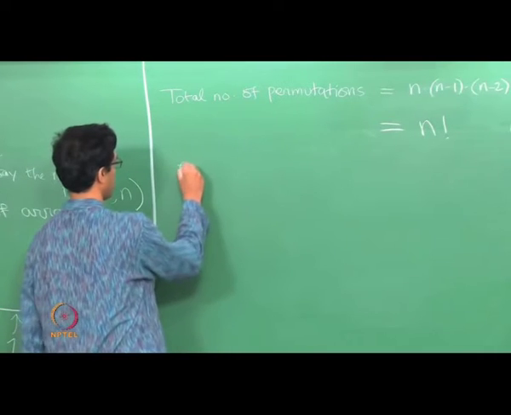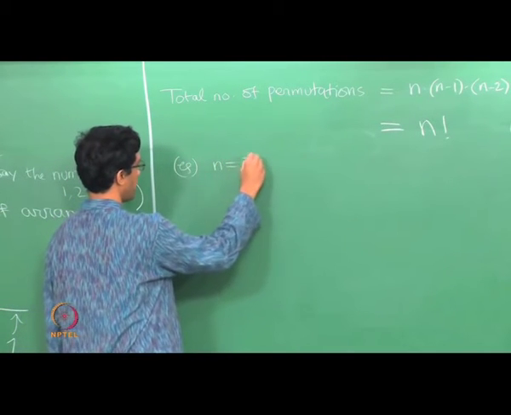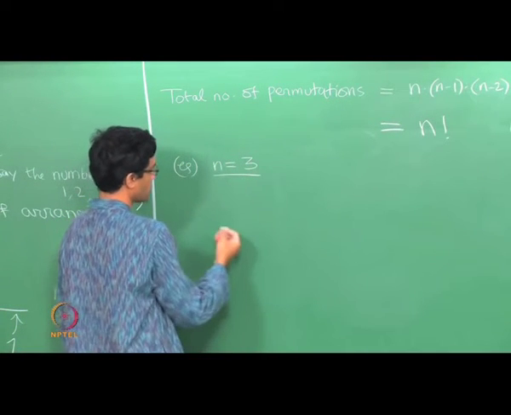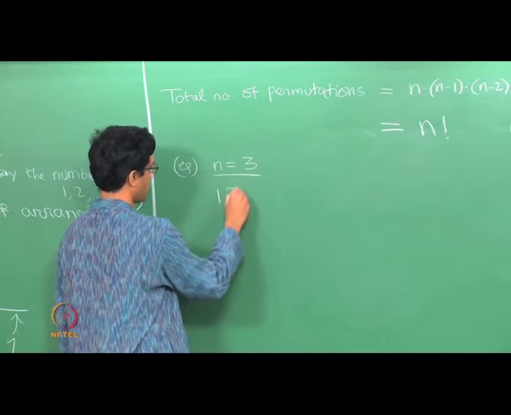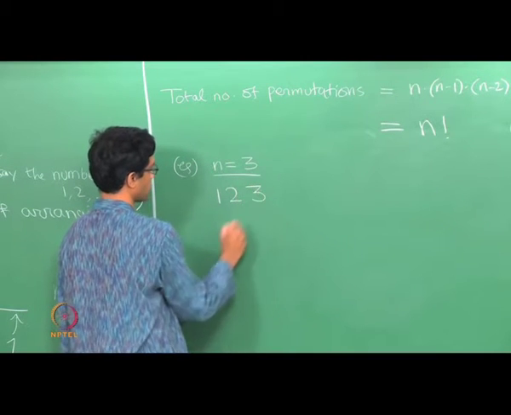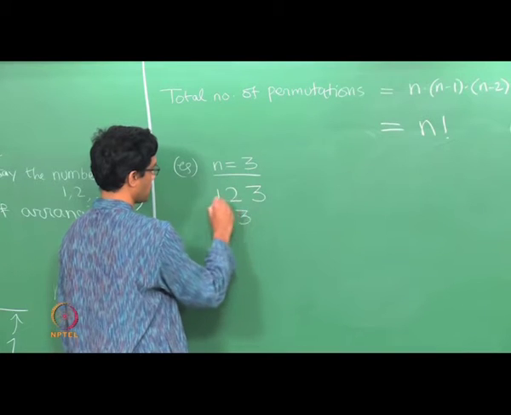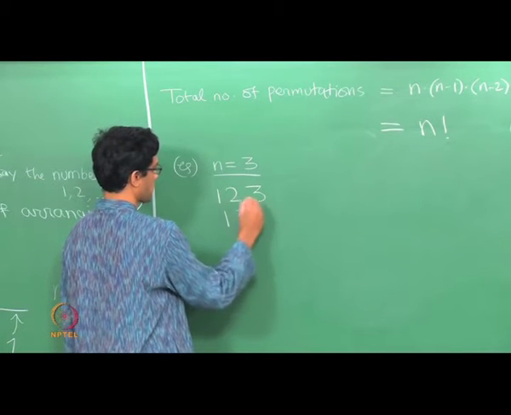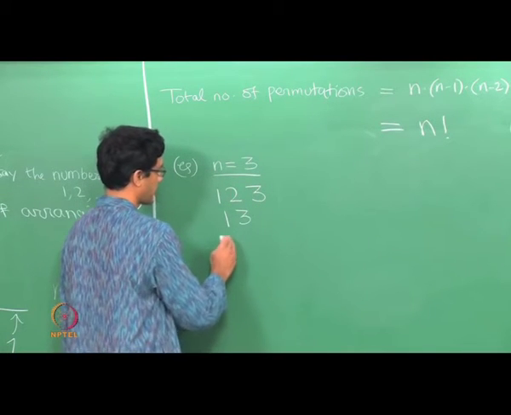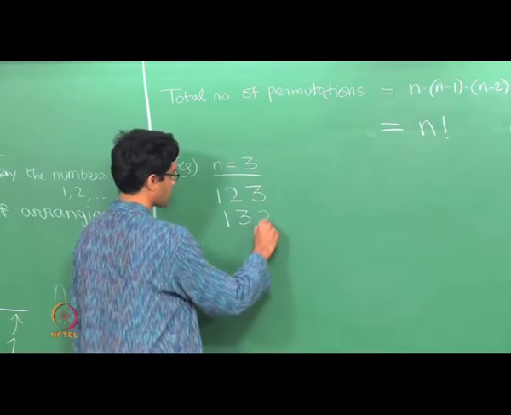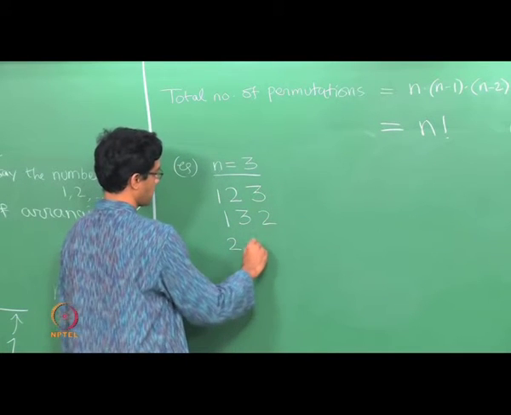So for example, if you take n to be 3, so you look at the three numbers 1, 2 and 3, and so the number of ways of arranging them in a line, there are 6 of them. So it's 1, 2, 3. So these are the 3 positions. I put 1 in the first place, 2 in the second place, 3 in the third place, 1 in the first place, 3 in the second place, 2 in the third place, and so on.